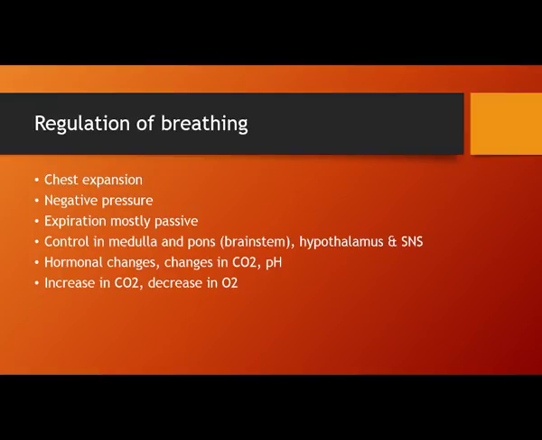The breathing is controlled in the brainstem mainly. The medulla and the pons in the brainstem control it, but there's also regulation from the hypothalamus and from the sympathetic nervous system. When you get a hormonal regulation from the hypothalamus, or when you get a stress situation that activates the sympathetic nervous system, then your breathing increases, that you're in the fight or flight mode, and so it's quite common for your breathing to increase.